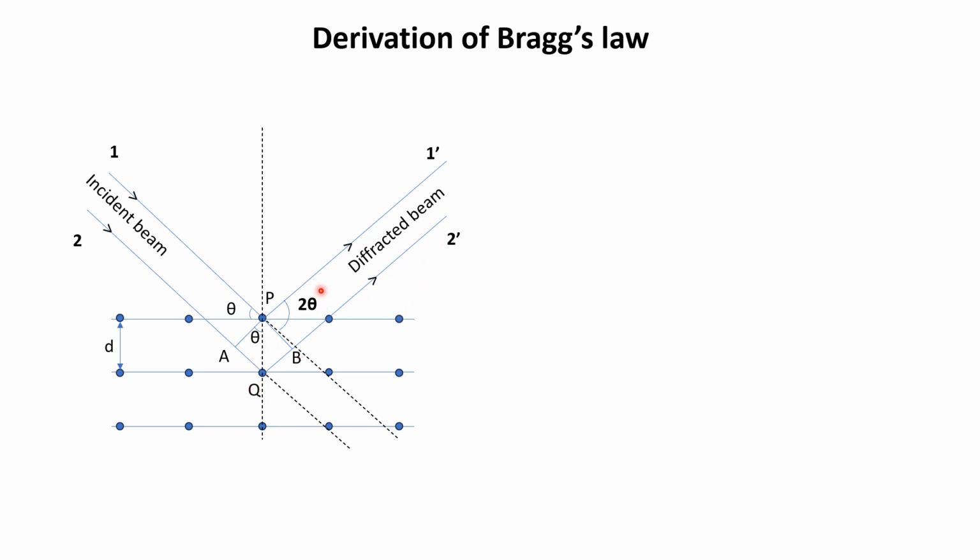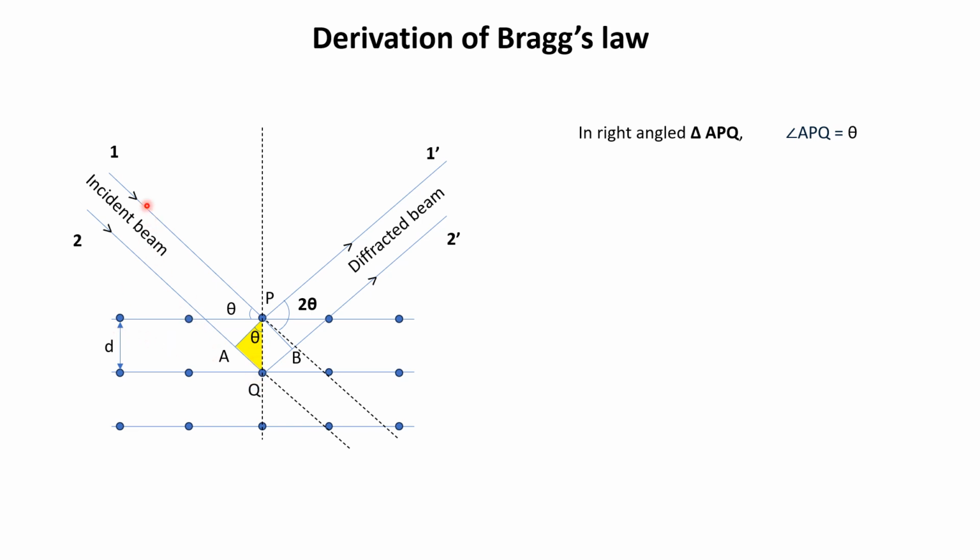Okay. Now let's consider the triangle A, P and Q. So this is a right angle triangle. And let the angle of incidence be theta. So if this angle is theta, the angle APQ will also be theta. How?